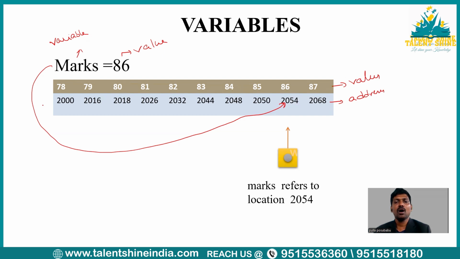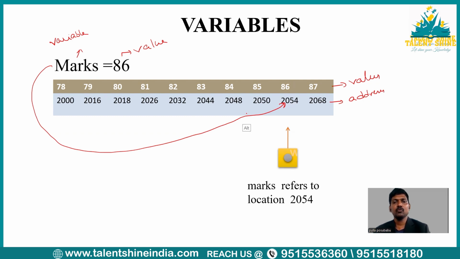When you call marks, it moves to the address where 86 has been stored, which is the memory location for this 86. Whatever value is inside that address can be used or printed on the screen. I hope everybody is clear.